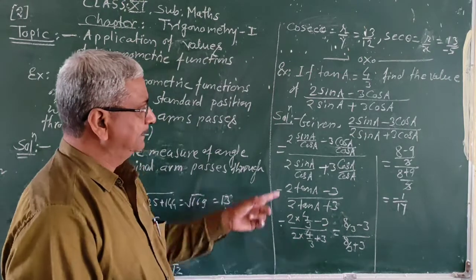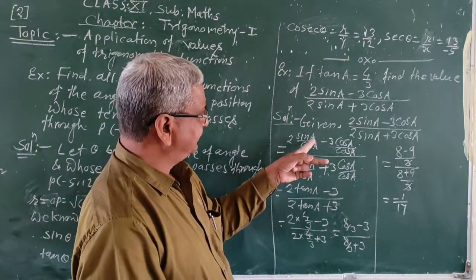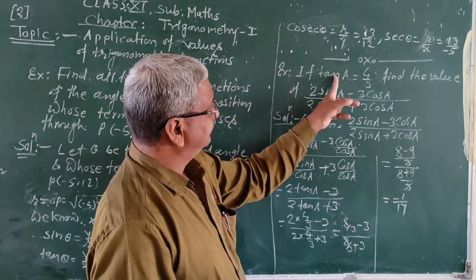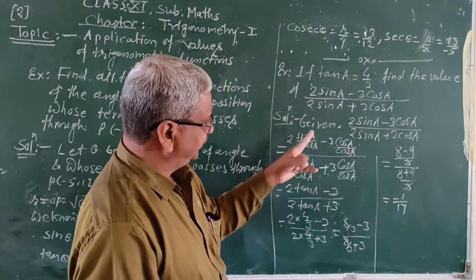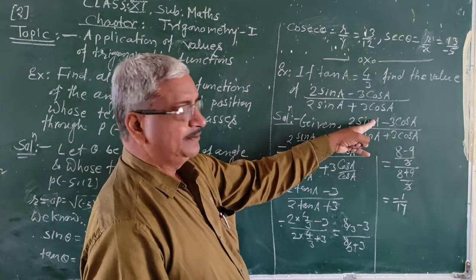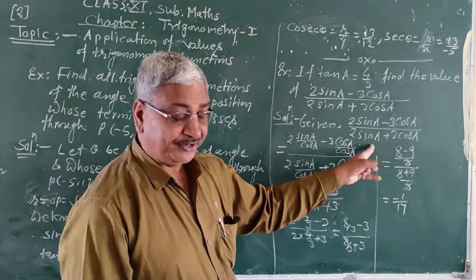So here for the simplification, you don't have the values of sin and cos separately, because the value of tan A is given. Therefore we convert this expression into tan. Therefore we divide the numerator by cos A and the denominator by cos A.